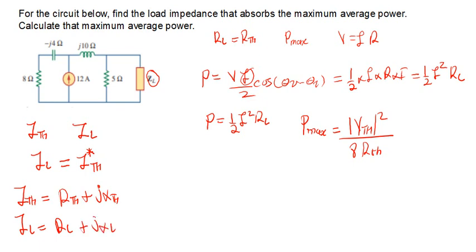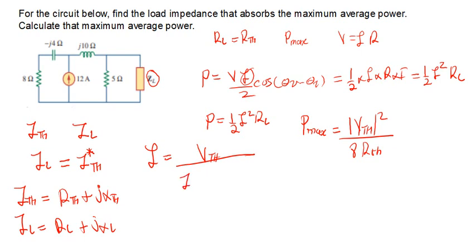Now, when it comes to Thevenin theorem, we were talking about current being equal to the Thevenin voltage divided by R Thevenin plus the load resistance. Similarly, that's what I'm going to do here.